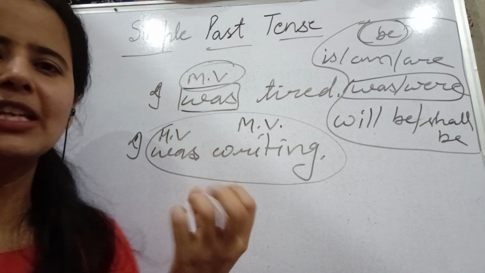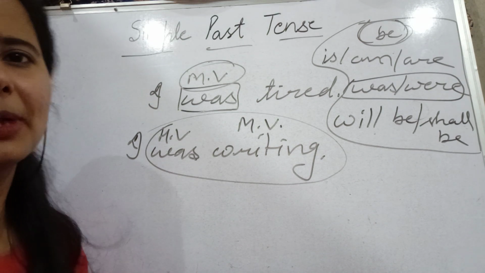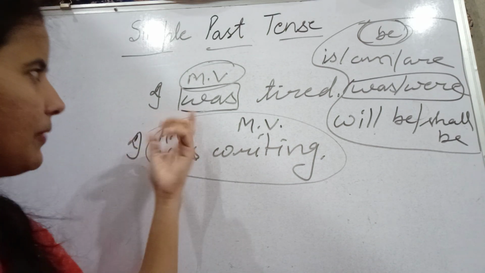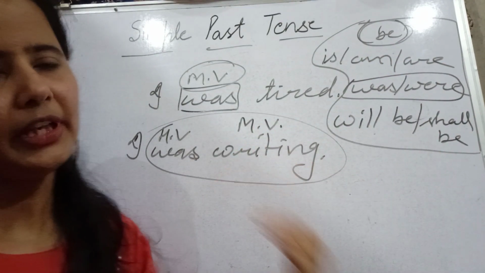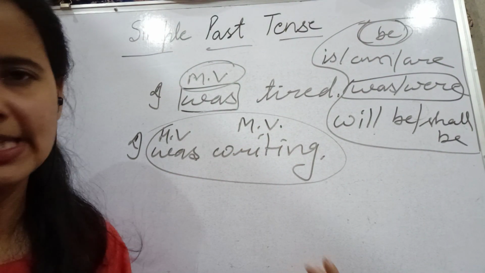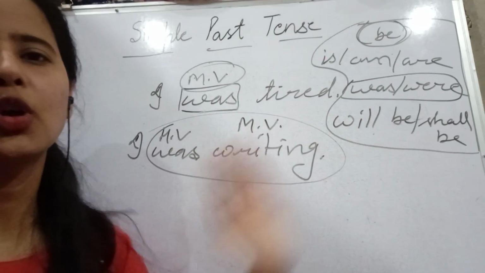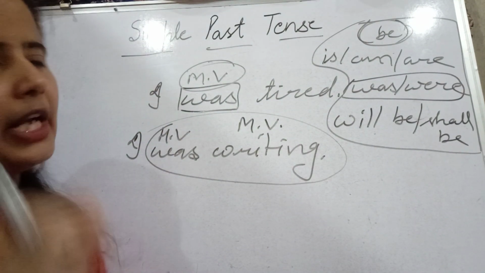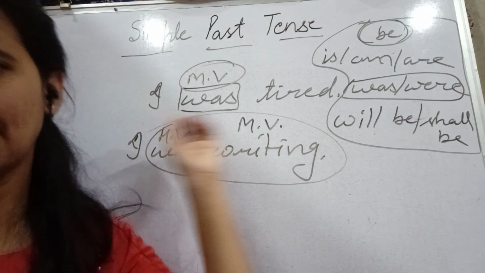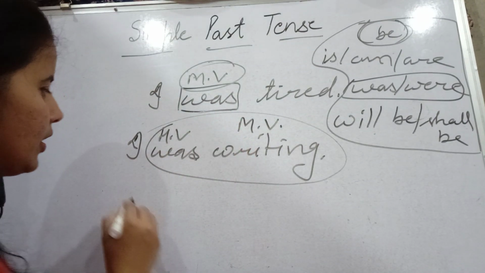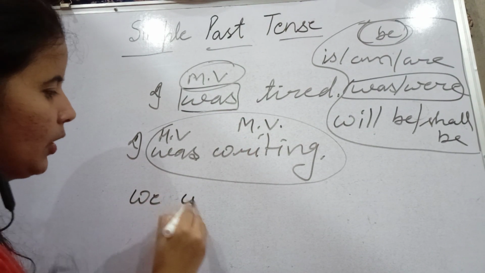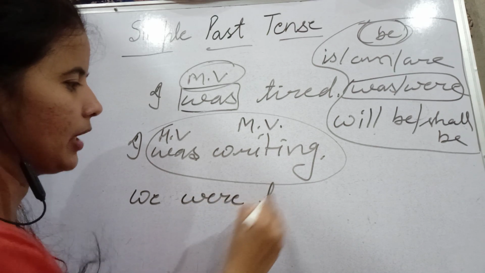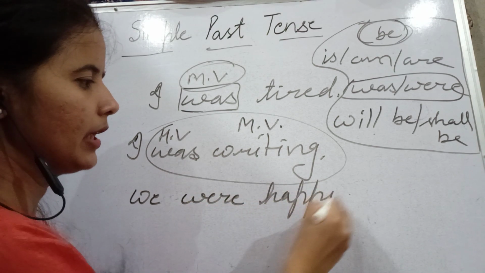And there is a very simple way to identify whether it is simple past or past continuous. If these words are followed by V4, meaning the ing form, it will definitely be a continuous tense. And if these are not followed by V4, they are used in simple tenses. Like "We were happy."